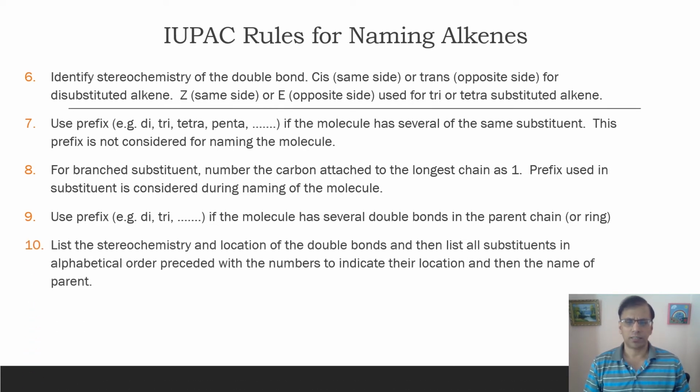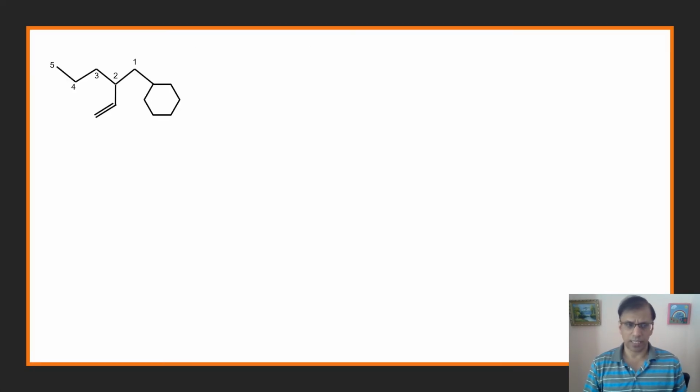And so in order to name the full molecule, always start with the stereochemistry, followed by the location of the double bonds, and list all the substituents alphabetically, preceded by numbers to indicate their location, and then the name of the parent ring or chain as applicable.